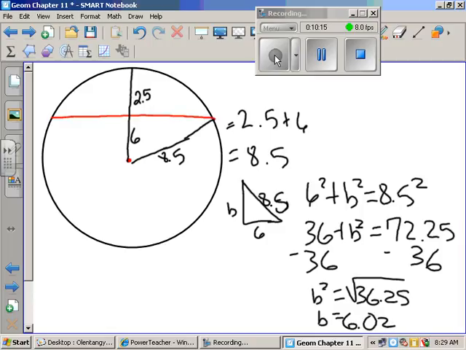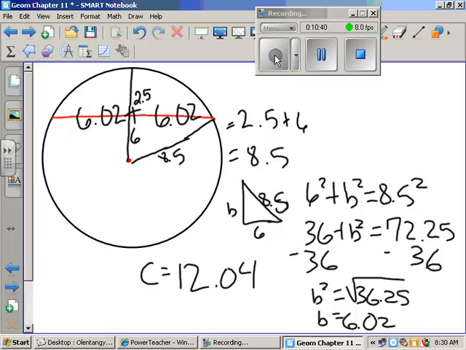Okay, and so then you know that both sides of those are 6.02. And when you add them, you get 12.04 for the chord. Awesome. Good job.